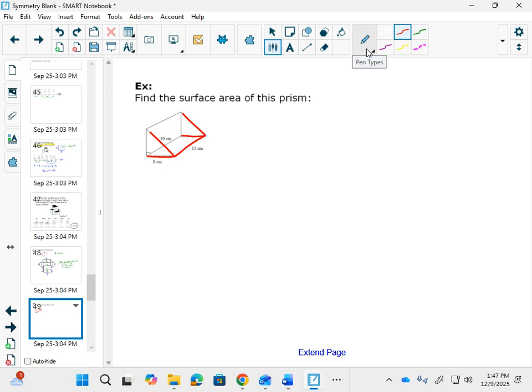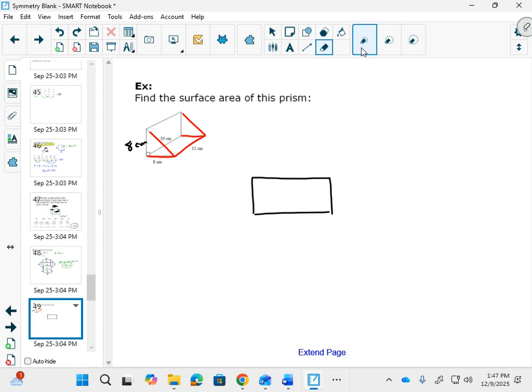All right. Okay? I need us to label one more side here. We're going to label this as 8 centimeters as well. Oh, actually, no. I thought the 10 was at the back, but it's not.